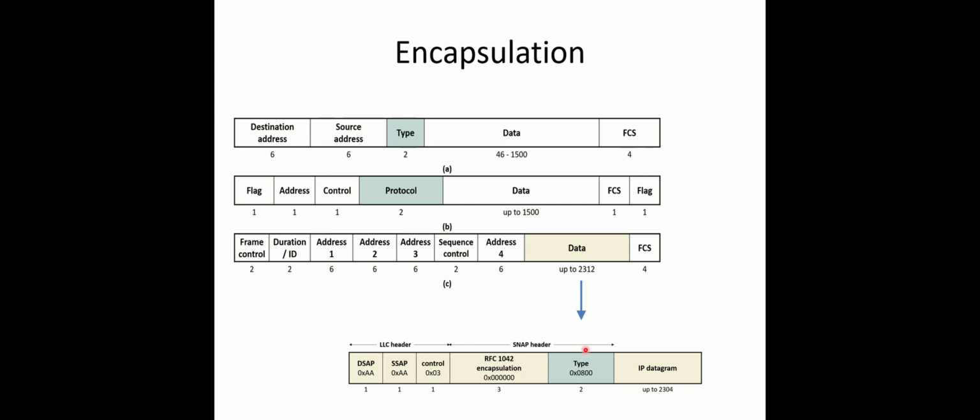If the type field, one of the fields in this so-called LLC SNAP header located here, is 0800, it means that the rest of the payload contains an IP datagram.